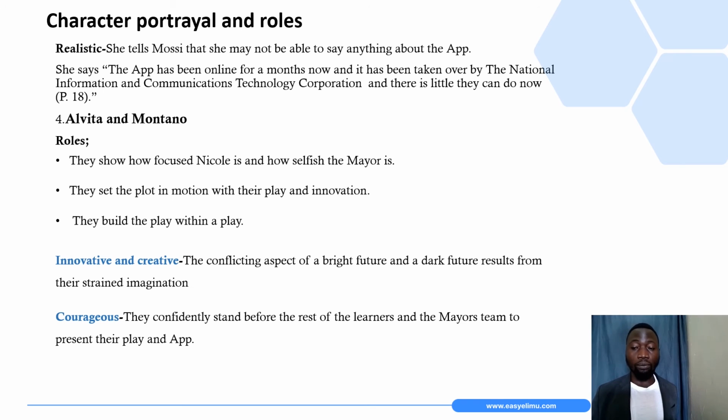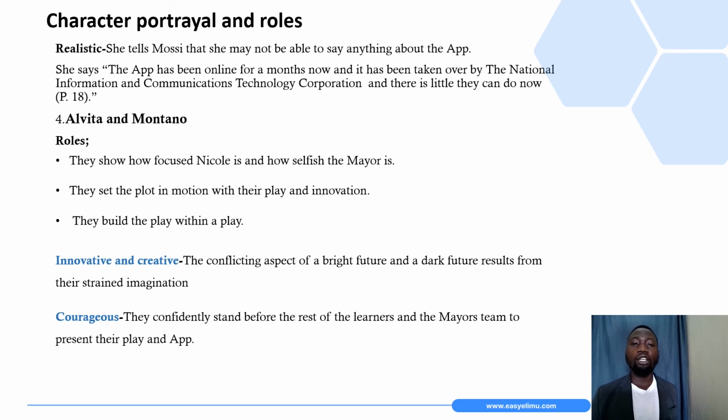And that is true, because she eventually says that the app has been online for months, and now the app is no longer in her custody, but it has been taken over by the National Information and Communications Technology Corporation, and there is little they can do now about it.